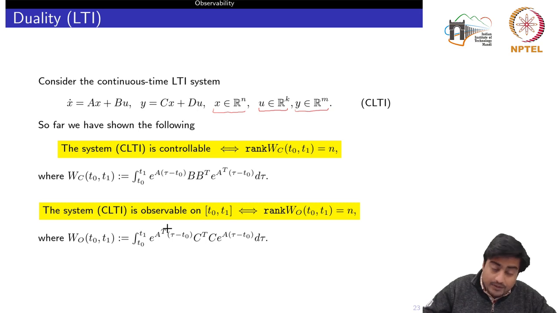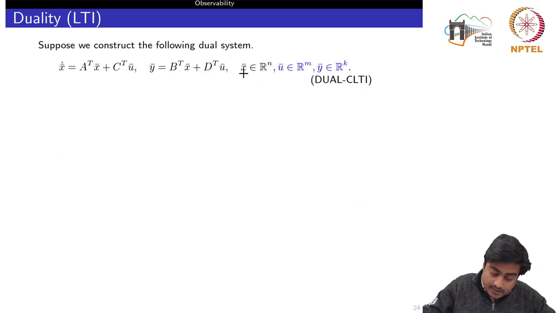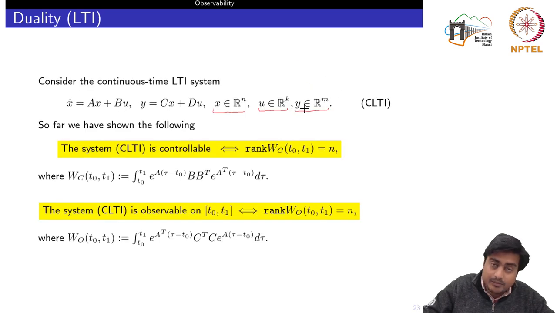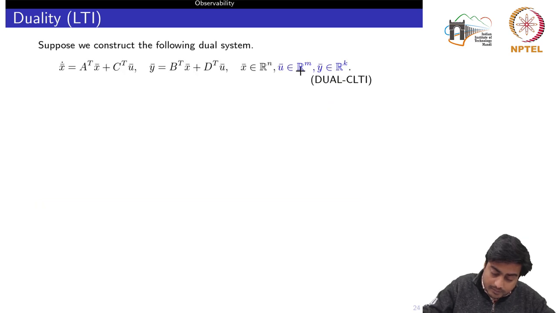Right? Now I will define a dual system in the sense that X bar would be n-dimensional, but U bar would be the dimension of the output. Previously we had m number of outputs, but in my dual system I am representing it by U bar, m number of U bar, and k number of Y bar.